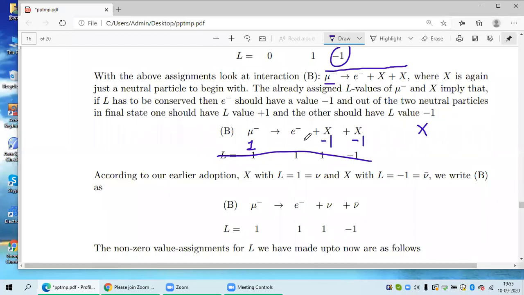Then what should the electron be? It should be 3 to match the left-hand side. Now, will there be any problem with this?